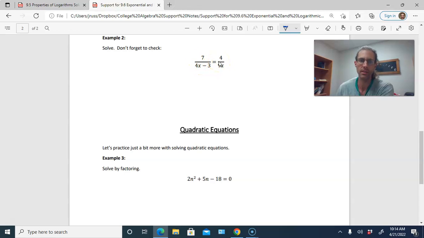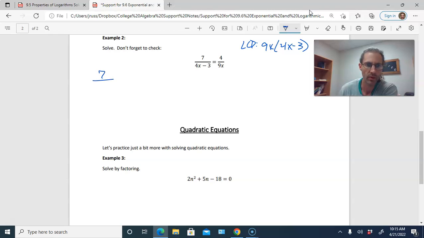So the LCD is just going to be a combination of those two. The 4x minus 3 times, actually I'm going to put the 9x in front, just because that's more customary since it's the monomial. The 9x in front, and then the 4x minus 3. The binomial is the second factor.